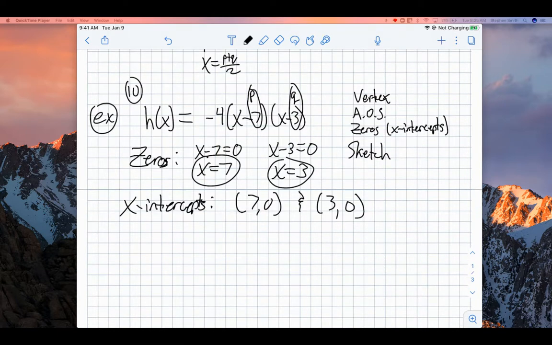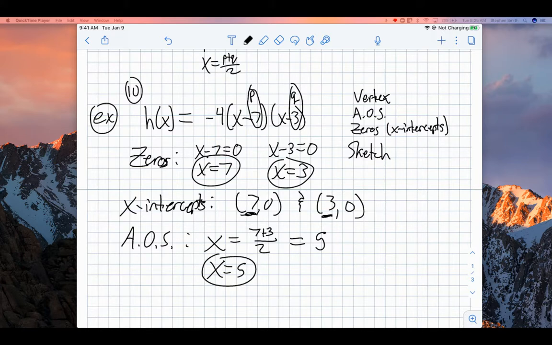Now my axis of symmetry is these two numbers added together and divided by 2. X equals 7 plus 3 divided by 2. That is 10 divided by 2, that is 5. So x equals 5 is my axis of symmetry.